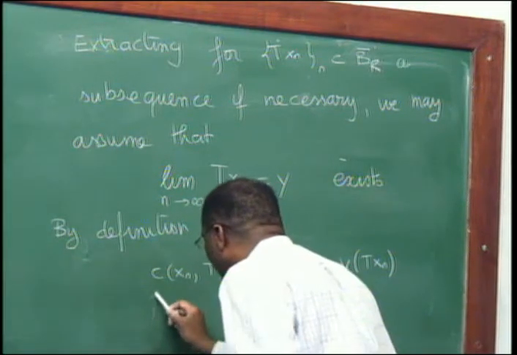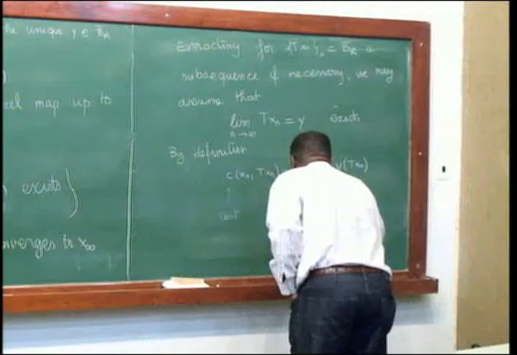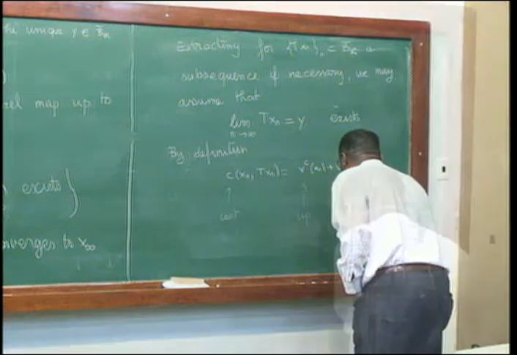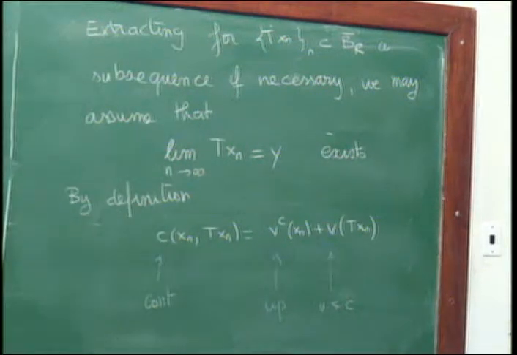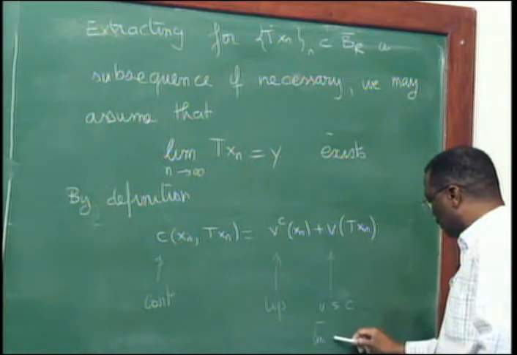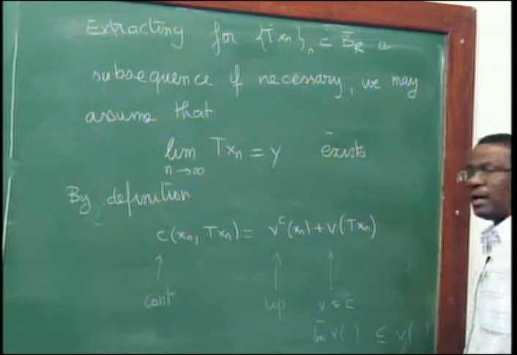This function is continuous. That function is Lipschitz, and so it is continuous. This function is upper semi-continuous. Therefore, the lim sup of this will be less than the value at the point.